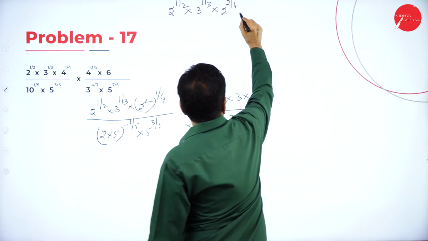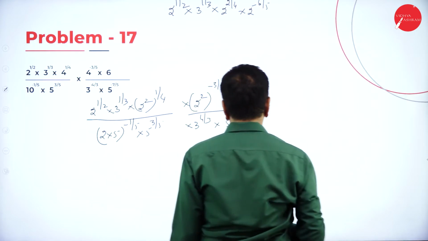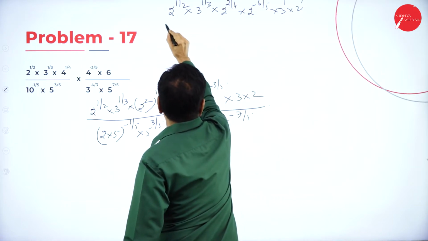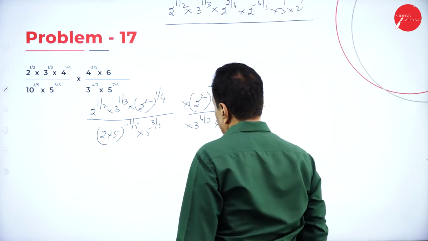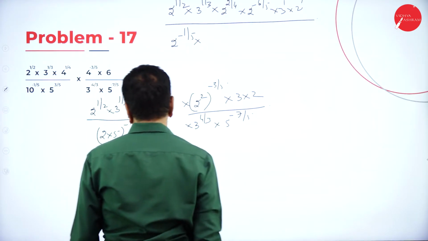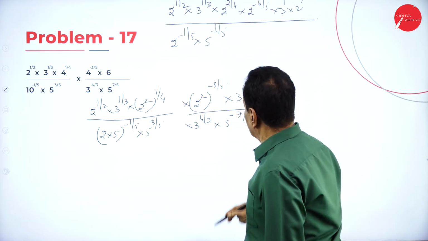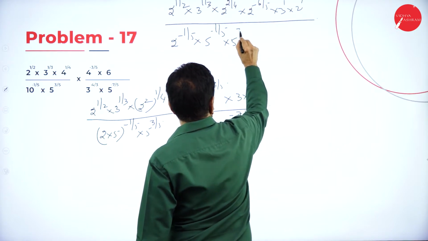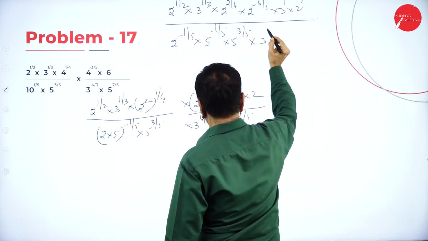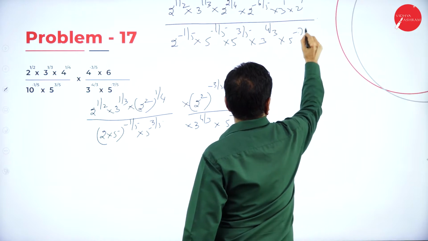This can be written as 2 to the power of minus 6 by 5 into 3 to the power of 1 into 2 to the power of 1 divided by 2 to the power of minus 1 by 5, 5 to the power of minus 1 by 5 into 5 to the power of 3 by 5 into 3 to the power of 4 by 3 into 5 to the power of minus 7 by 5.